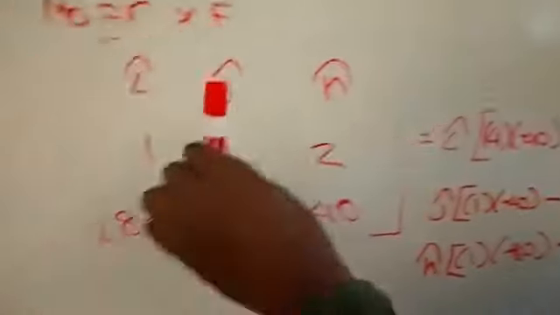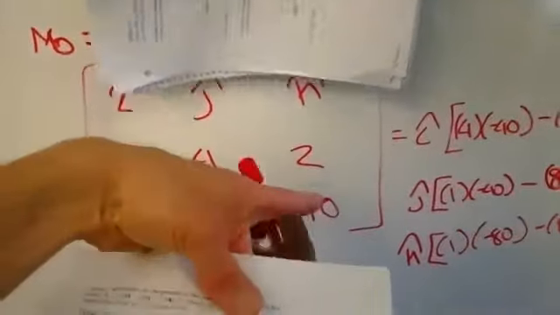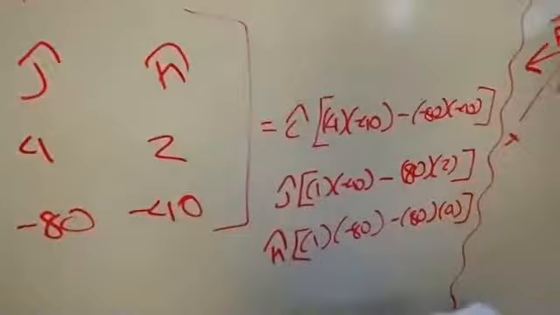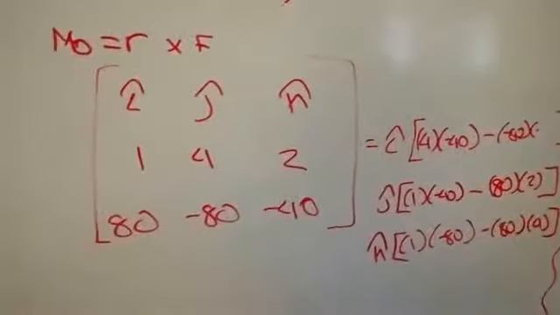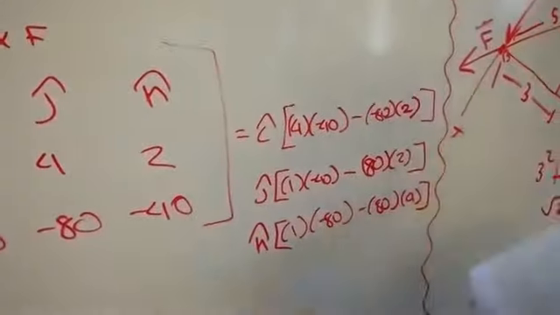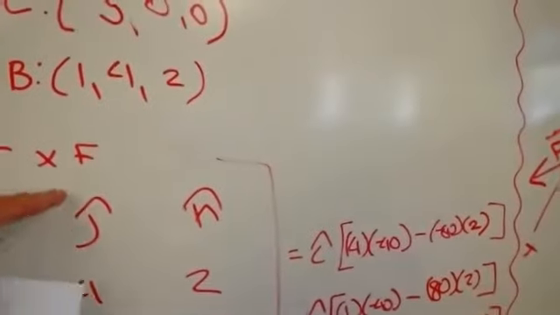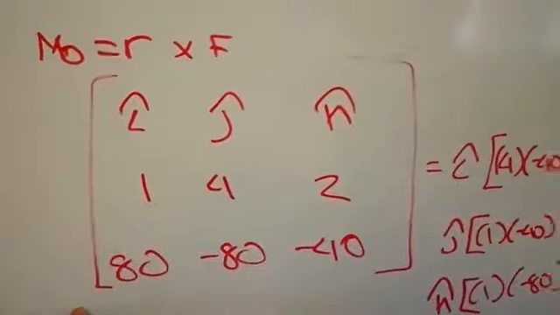So if I want the I vector, cross that out. 4 times minus 40 minus negative 80 times 2. And then isn't it minus j times 1 times minus 40 minus 80 times 2?